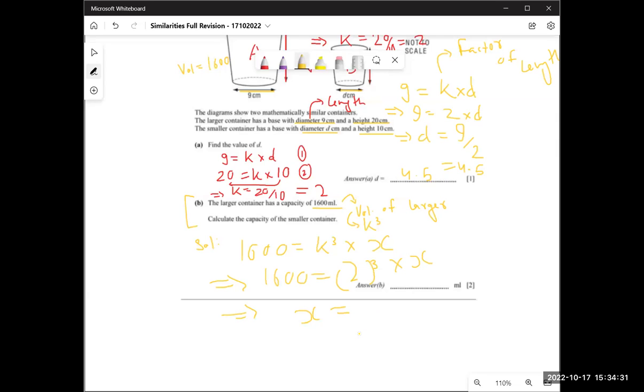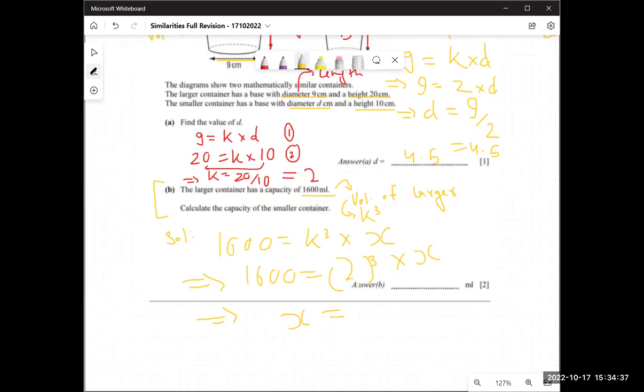Safa, work with me on the board. How do I find X? We'll first cube 2.